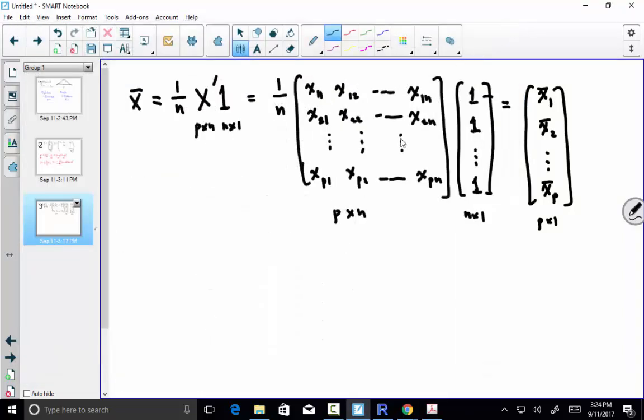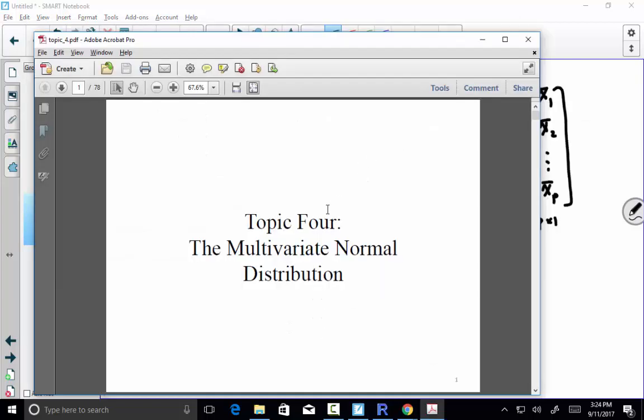All right. What I want to spend most of today on is topic 4. This is where your next homework will come from. Much of the classical methodology that is applicable to multivariate statistics, much of it is tied to a distributional assumption, that your data came from a particular distribution.